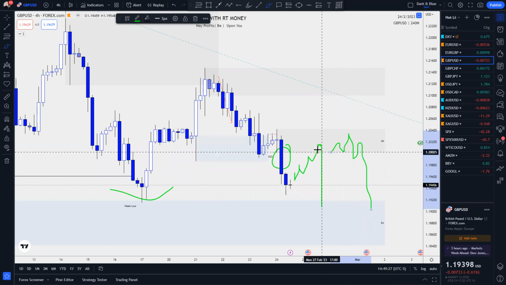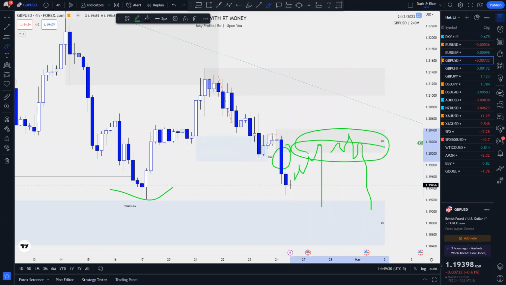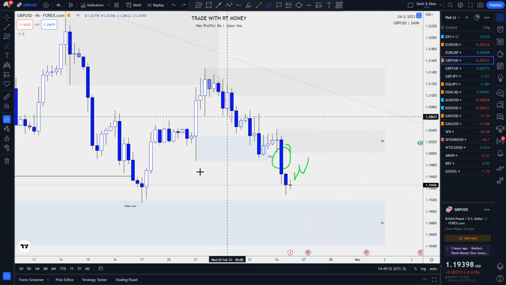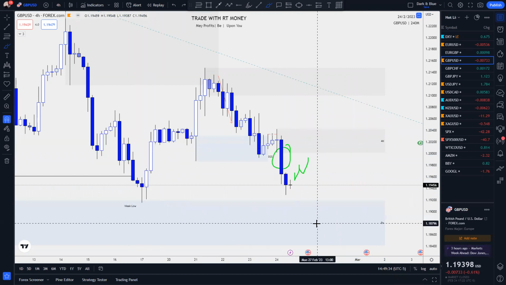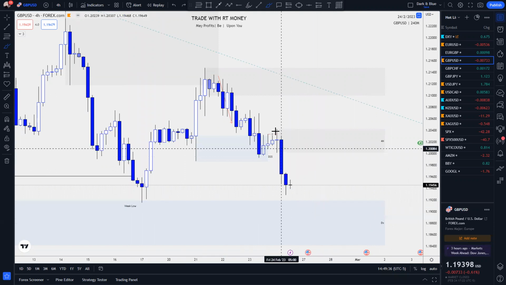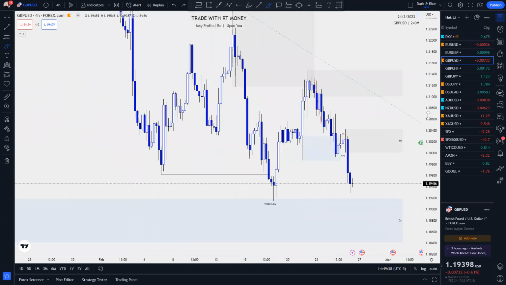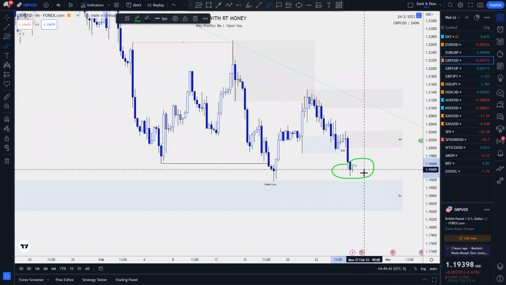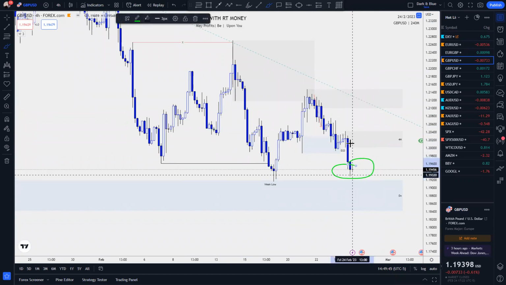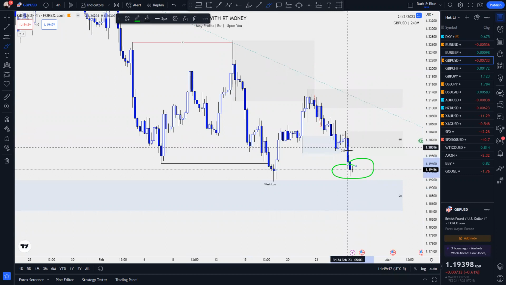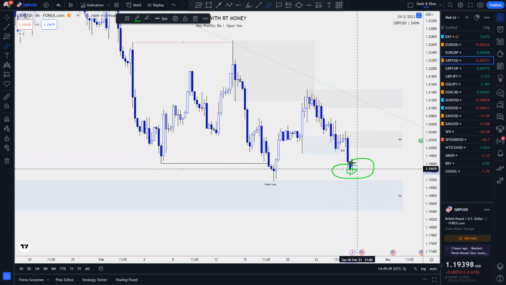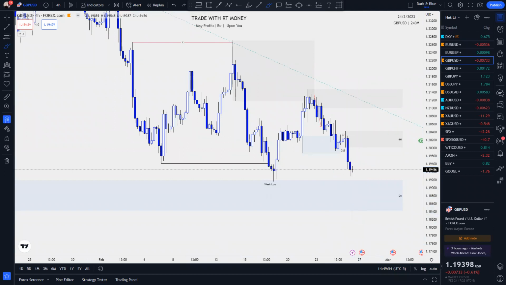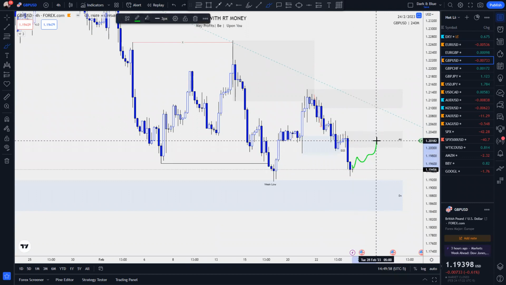That's what I'm looking for once it mitigates this 4-hour zone. That's if it doesn't sweep this low beforehand. You understand? In either case, I'm looking for price to continue down, but I don't want you to take a short in the middle of a range, in the middle after an impulsive move. This is a dangerous place to take shorts from. You can take those if that's the kind of trading you want to do, but I look for the pullback first. That's what I want to look for.